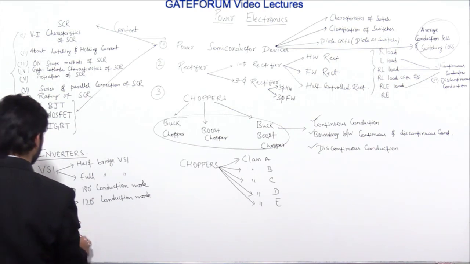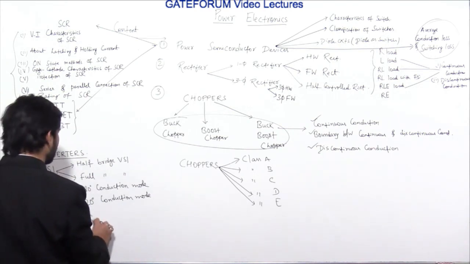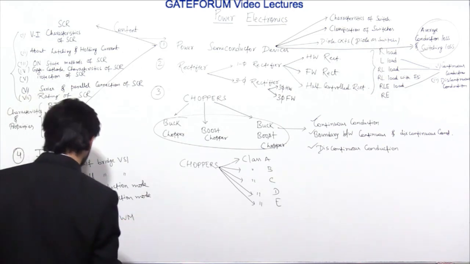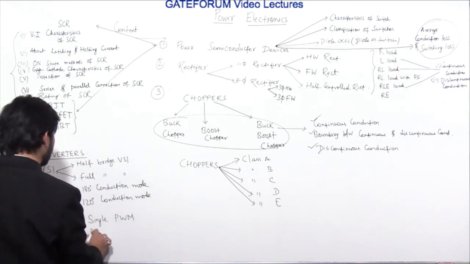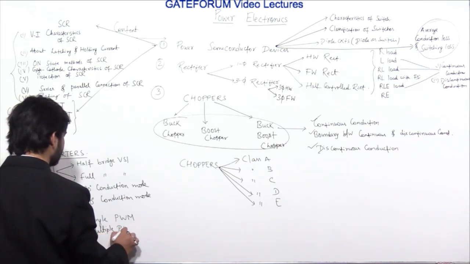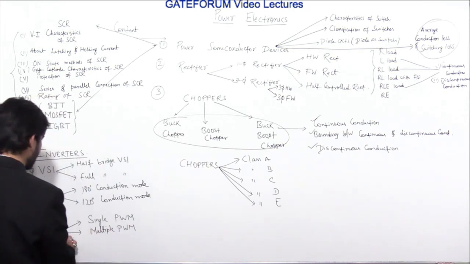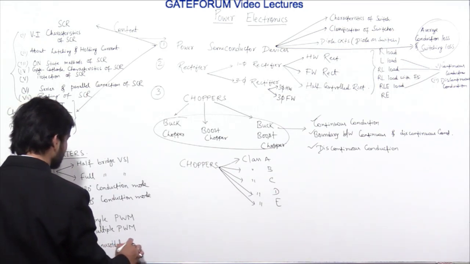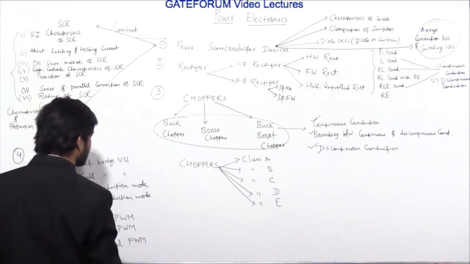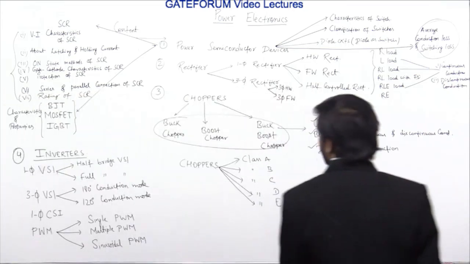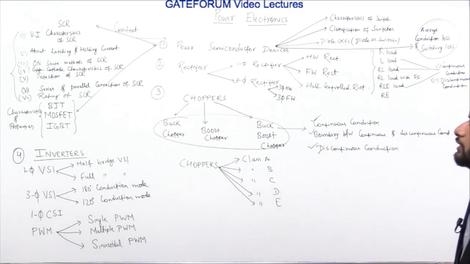In pulse width modulation also we'll have single pulse width modulation, multiple pulse width modulation, and we'll also have sinusoidal pulse width modulation. So these are the parts that I'll be covering.